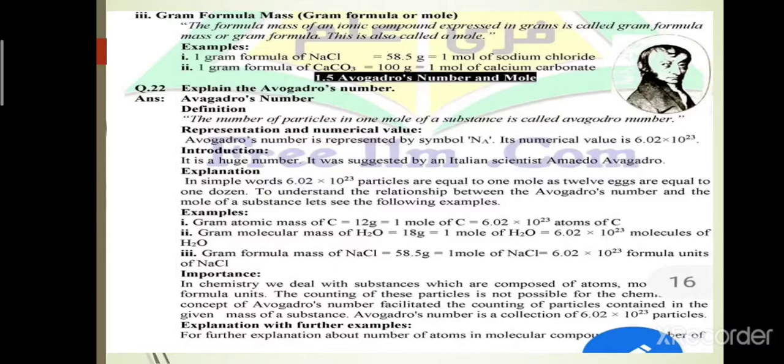So 6.02 × 10^23 particles will be called 1 mole of hydrogen molecule, which is equal to 1 AMU. So the atomic mass 1 AMU is equal to 1 gram.